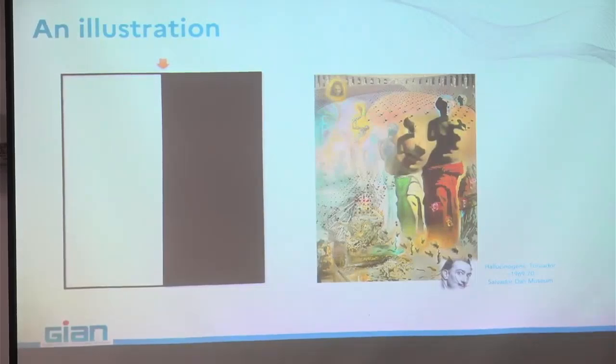Let's have some fun. This is a painting from Salvador Dali. I don't know if you know him. He's very special, he's dead. And when you have his painting, the signature of Dali is you see always a lady, the face of a lady.